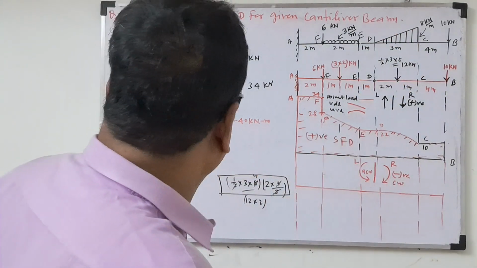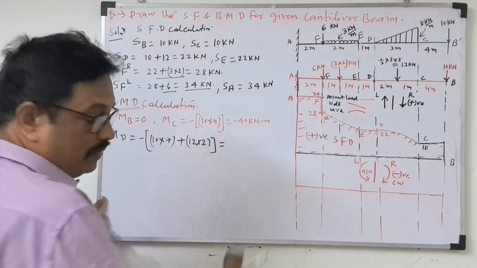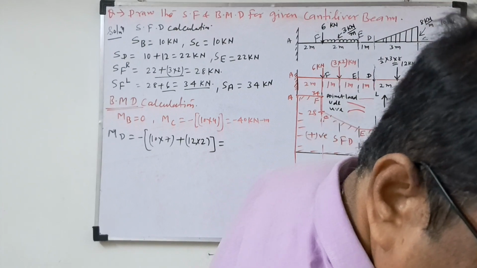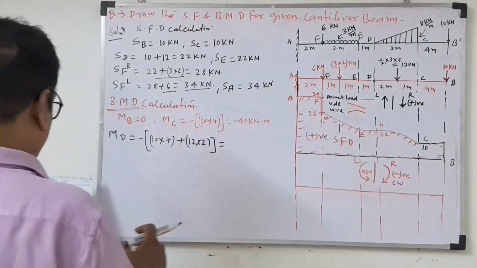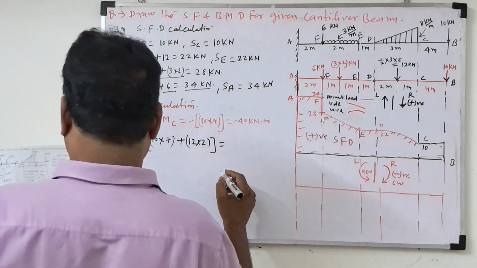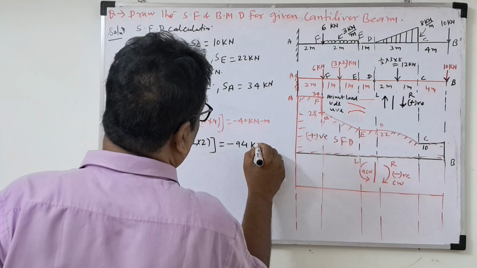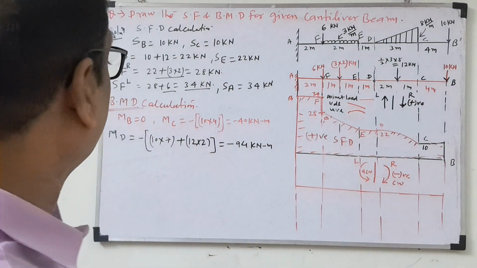So watch these things carefully. Whichever way you are convenient, follow it. So MD will be minus 94 kilonewton meter.